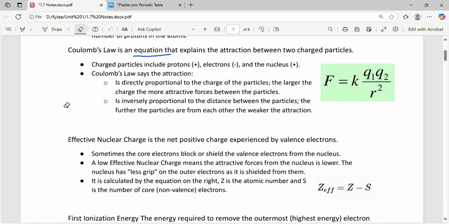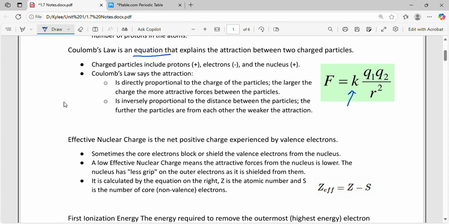It's not super important for us to know what K is because we're never going to be asked in AP Chem to use this equation to calculate. So you wouldn't be given Q's and R's and asked to calculate the force. We just need to understand these two bullet points and how the equation works. So that's why I was focusing on that as part of the introduction.